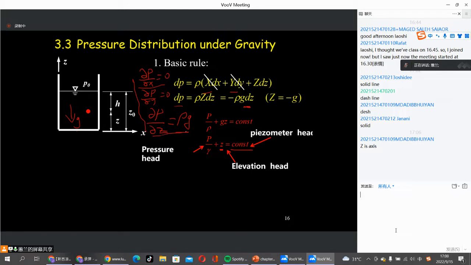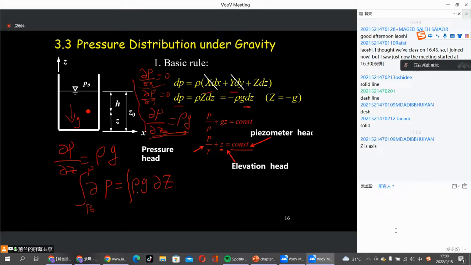From here, use what you have learned in calculus. Let me do this because I know some of you have forgotten what you learned before in calculus. We do the integration. The lower limit is p naught at the free surface, and the upper limit is p everywhere.